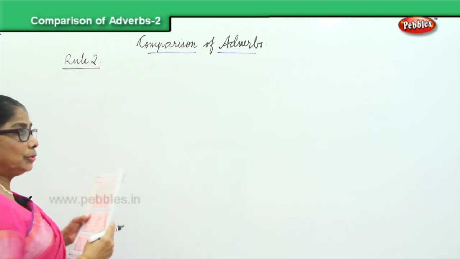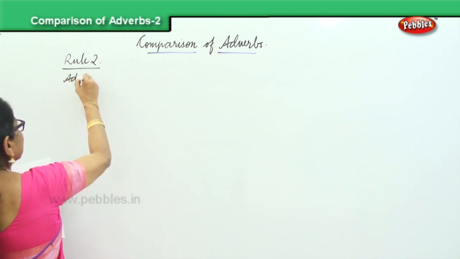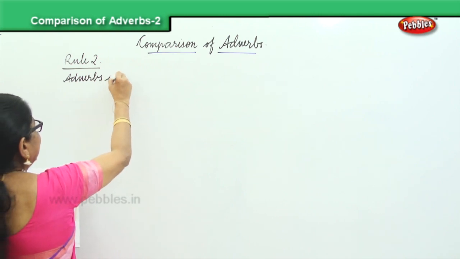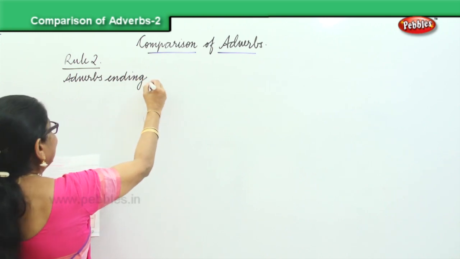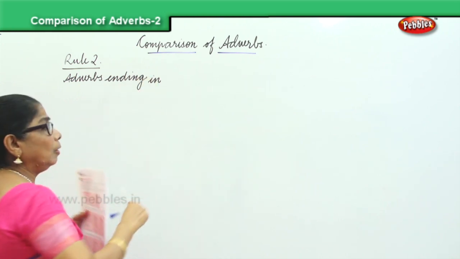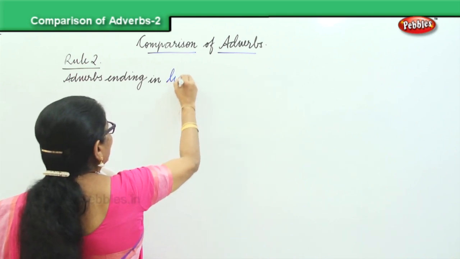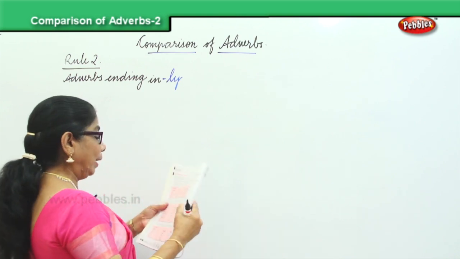Rule number 2 says adverbs ending in ly. What happens to the ly?